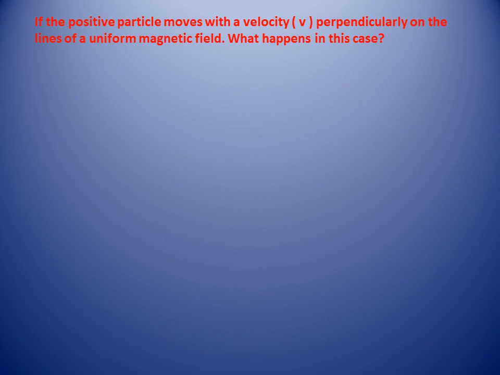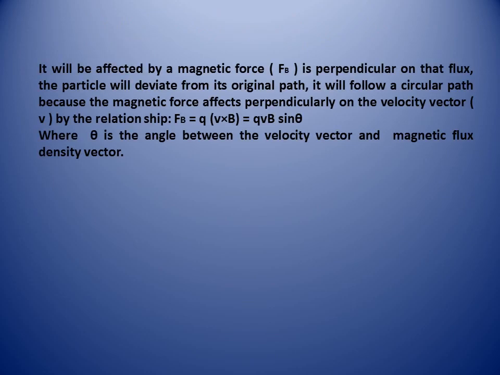If the positive particle moves with a velocity perpendicularly on the lines of uniform magnetic field, what happens in this case? In this case, it will be affected by a magnetic force perpendicular on that flux.